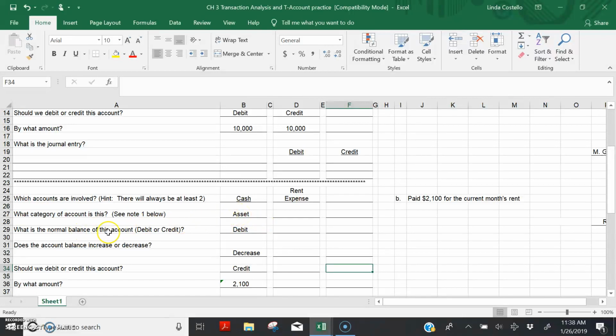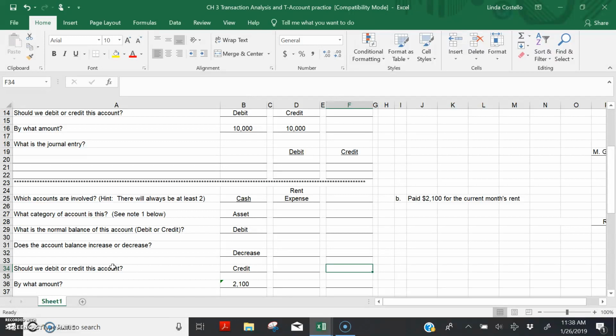What is the normal balance of cash? I think you remember from the first transaction that cash and all asset accounts have a normal debit balance. Does the balance increase or decrease as a result of this transaction? Well, we spent the cash, so the balance decreases. Should we debit or credit the account?